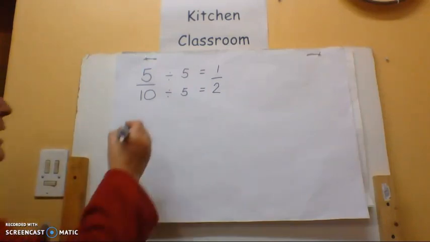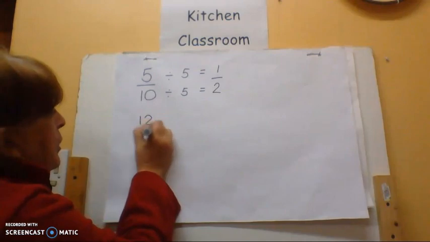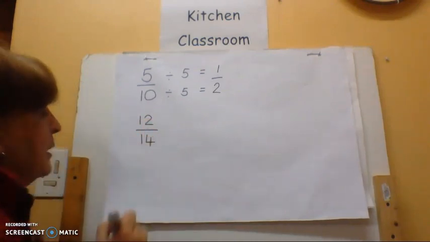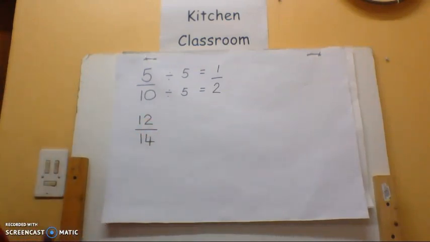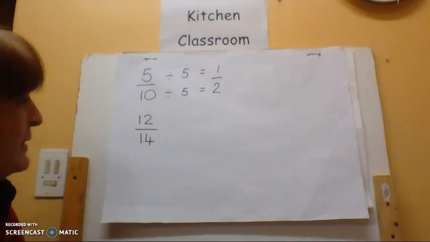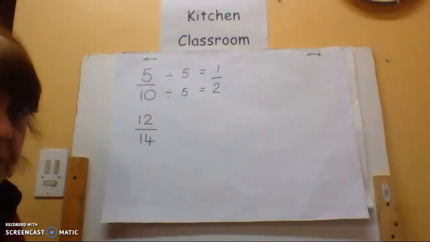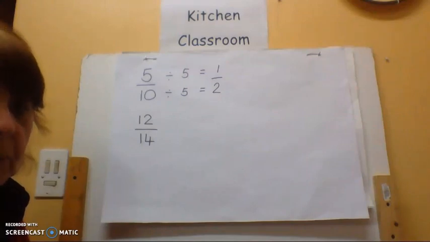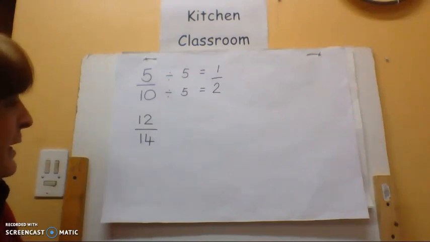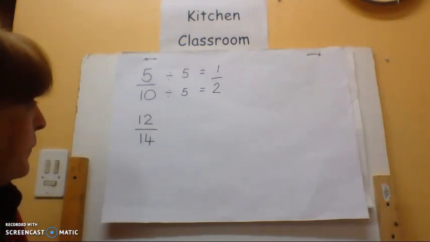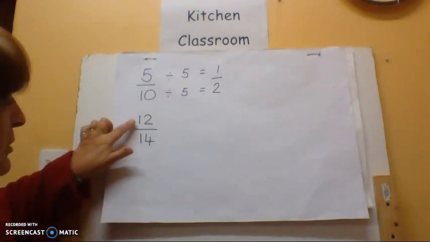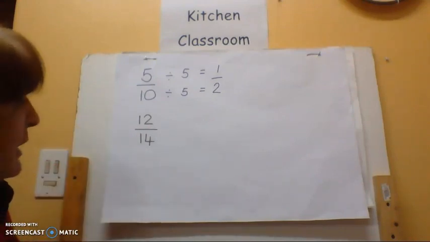I'm going to say 12/14. Now, let's look at it carefully. If I look at both of those numbers, I can see that 12 and 14 are both even numbers. So they are divisible by 2. There isn't another number that will divide equally into the 12 and into the 14.